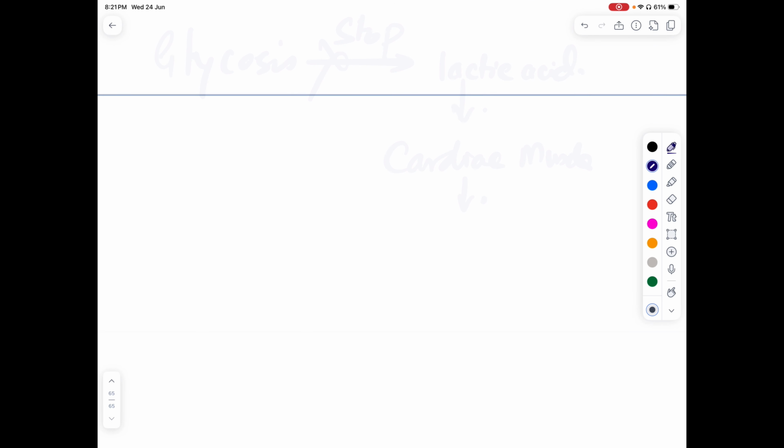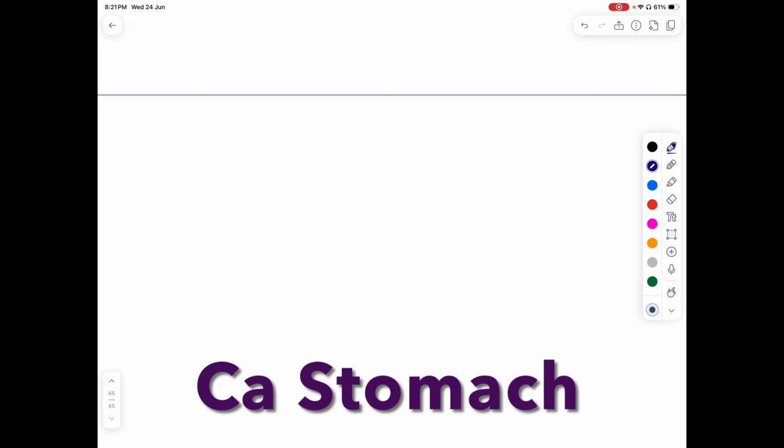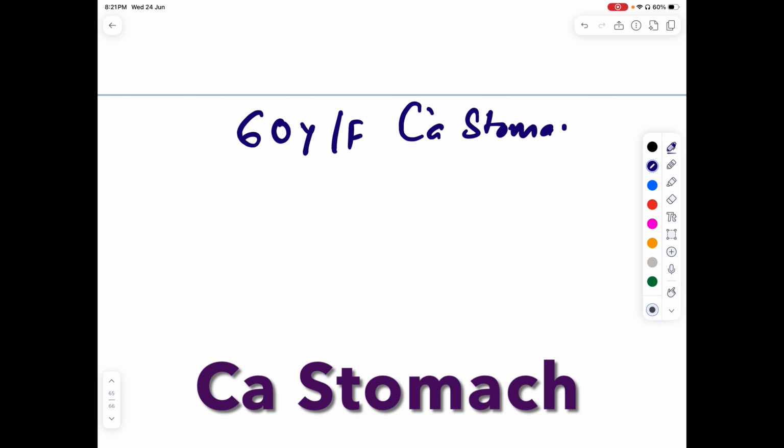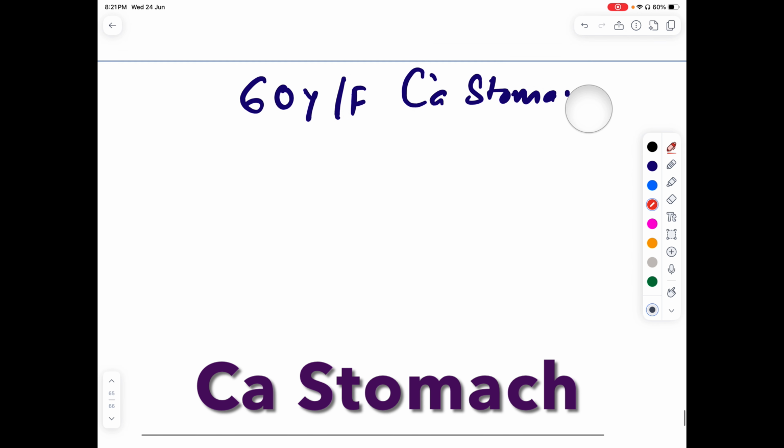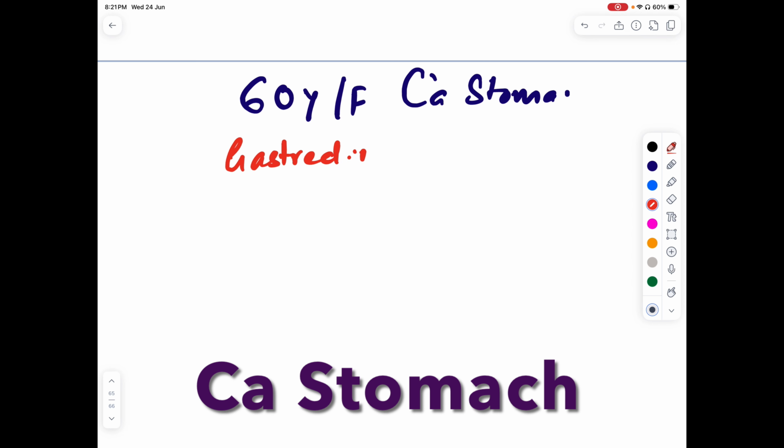So this patient is a 60-year-old female. The lady has been diagnosed with CA stomach. So gastric cancer is already diagnosed. Now, gastrectomy is done, surgery is done, and there was iatrogenic injury to the spleen, so splenectomy was also done.